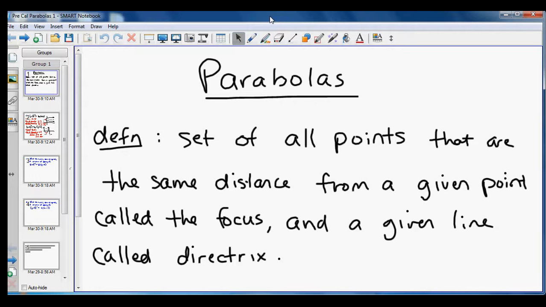The ellipse and the hyperbola have to do with the distance between 2 points, and parabolas have to do with the distance between 1 point and 1 line. So as far as definitions, that's what makes it most unique. The point is called the focus, which is the singular of foci, and the line is called the directrix.